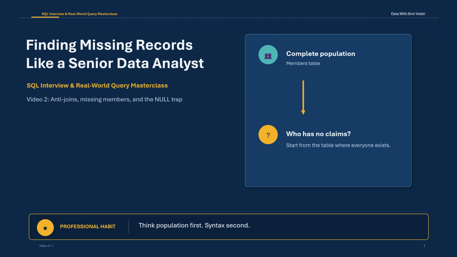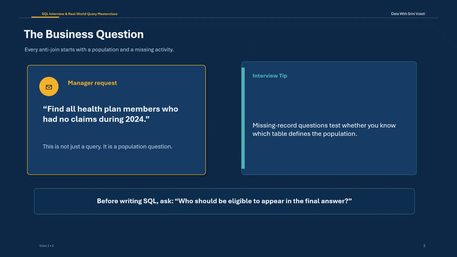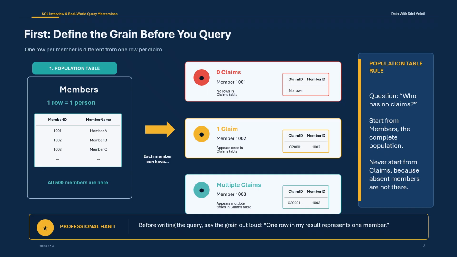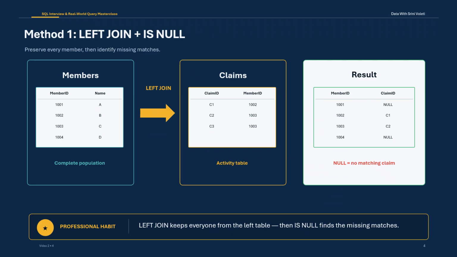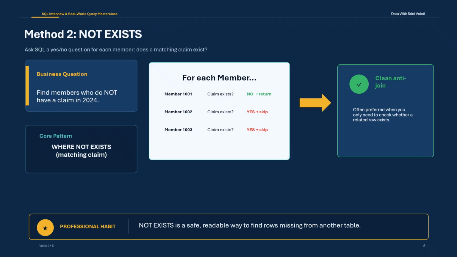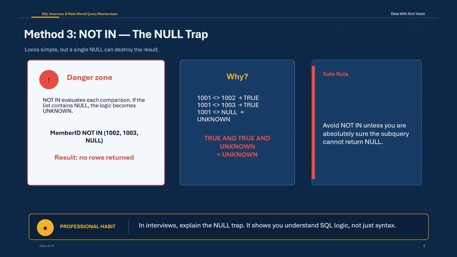This decision tree gives you a repeatable interview framework. First ask, do I need to find missing records? Next ask whether I need columns from the right table. If yes, left join plus IS NULL is often the clearest choice. If no, NOT EXISTS is usually the cleanest existence test.